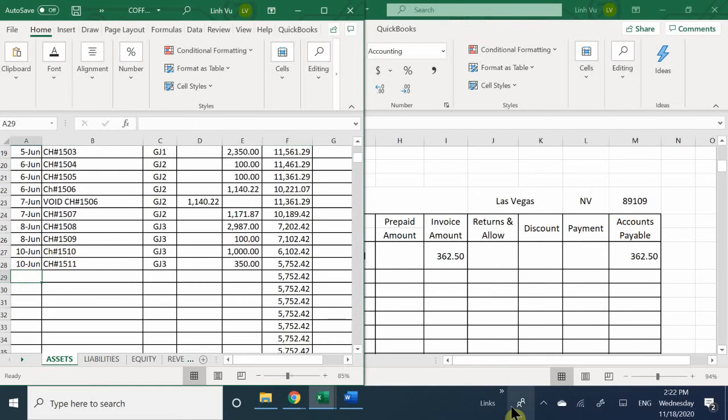All right. Check number 1512, General Journal 4. I wrote it out for $62.50.